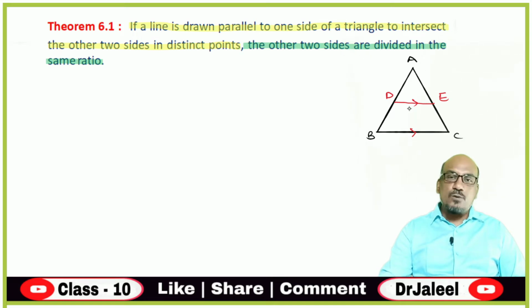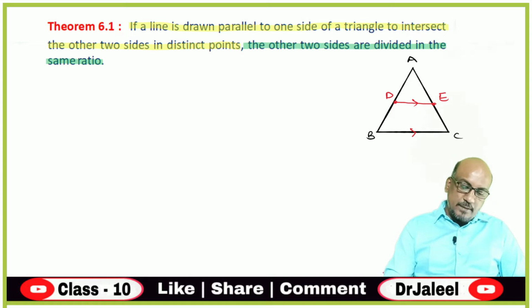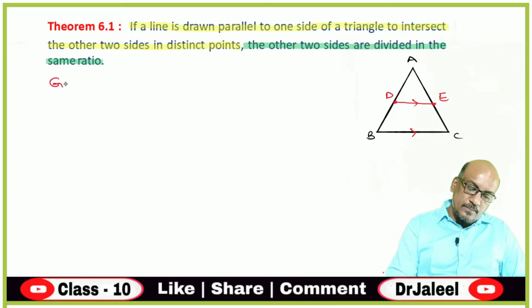If a line is drawn parallel to one side to intersect other two sides at two distinct points, mean this DE is intersecting AB and AC, the two lines, at two distinct points, mean at D and E. I hope you have understood the given part. So let us mention it as soon as we have understood.